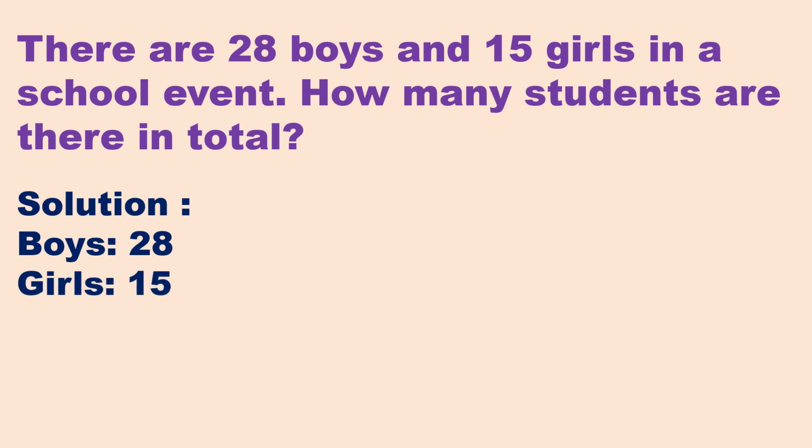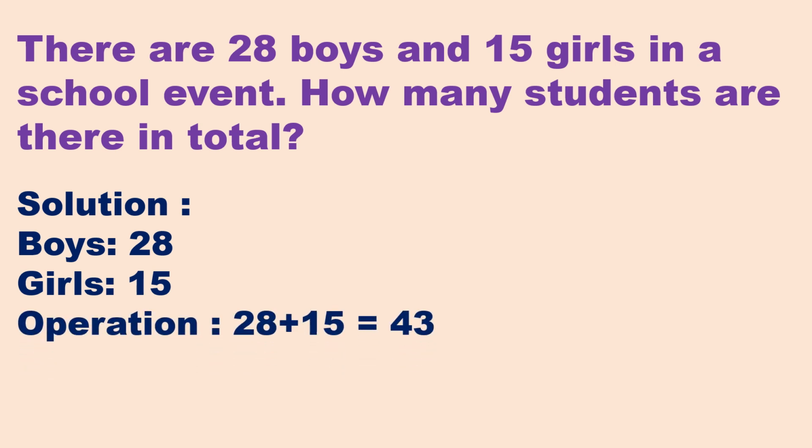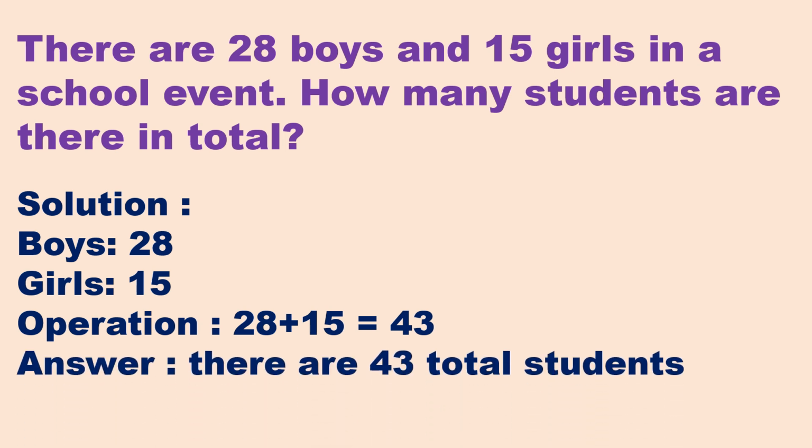You have to find how many students are there in total. So they are asking total. Total means what operation do you have to do? You have to add. 28 plus 15 equals 43. So your answer is there are 43 students in total.